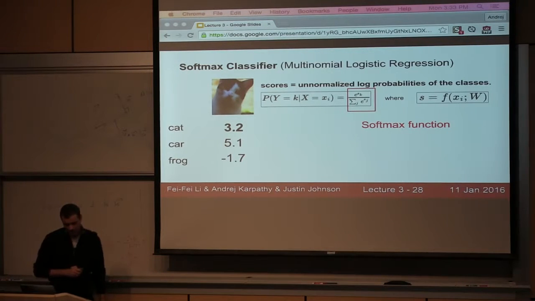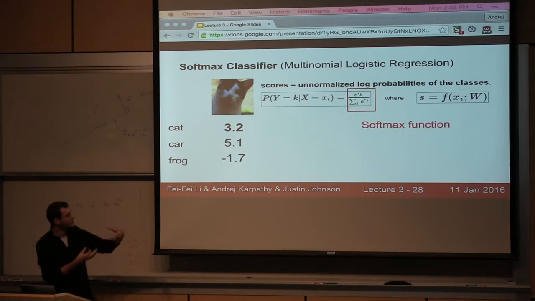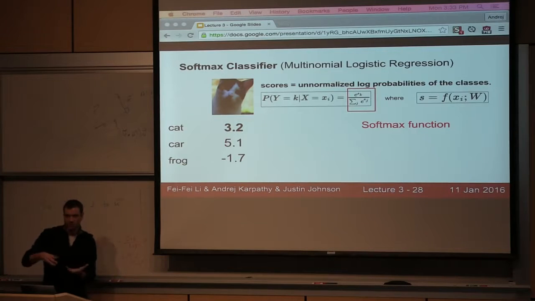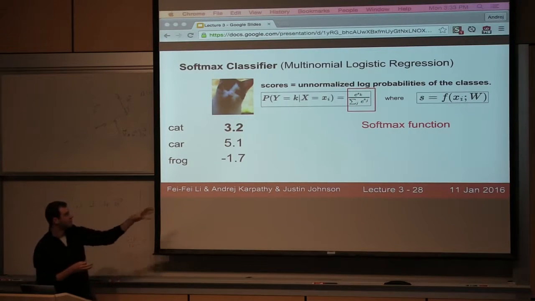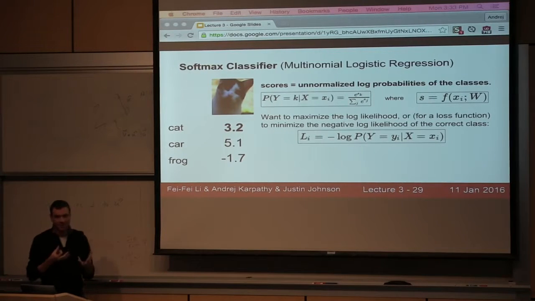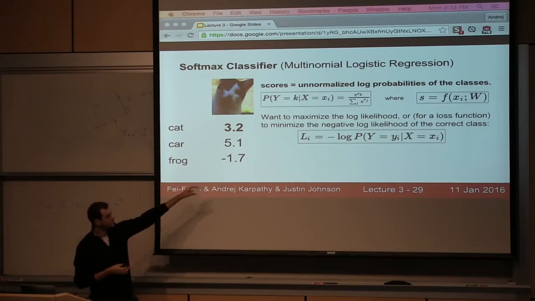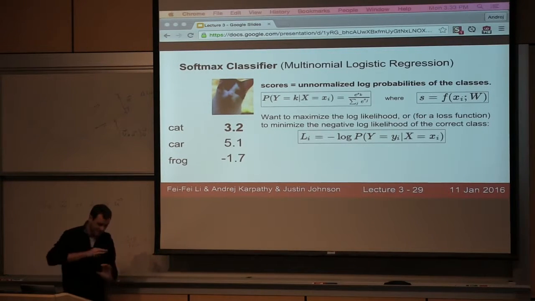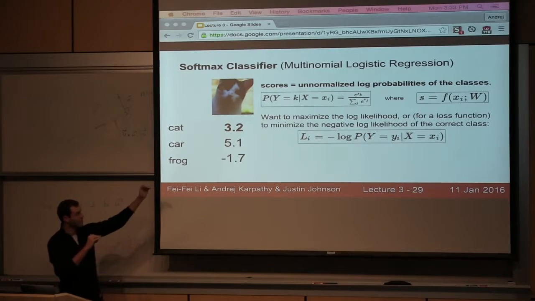Okay? In this probabilistic framework, where we have a probability over different classes and one of these is correct, it makes sense to maximize the log likelihood. We want to maximize the log likelihood of the true class.